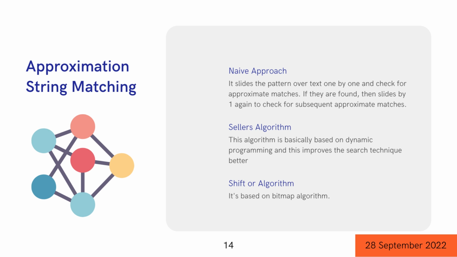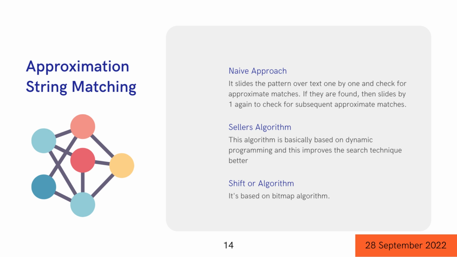In this process, the naive approach is like the exact approach, a brute force type solution. It slides the pattern over the text one by one and checks for approximate matches. If they are found, then it slides again.